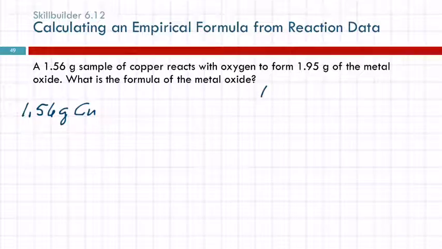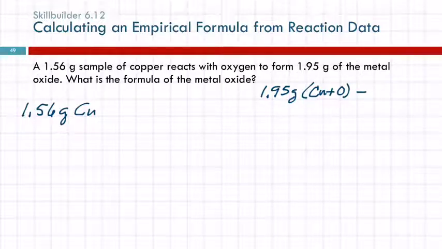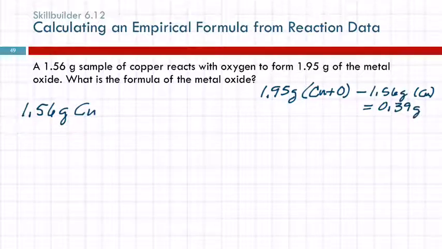So if we take 1.95 grams, that's the copper and the oxygen, and we subtract the mass of the copper, 1.56 grams, that's going to give us the mass of oxygen. So 1.95, I said 5 and I pushed 6, minus 1.56, so 0.39 grams, that's the mass of the oxygen.